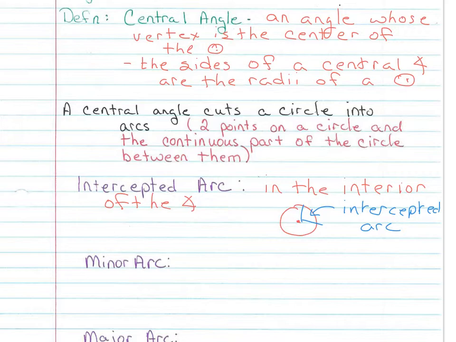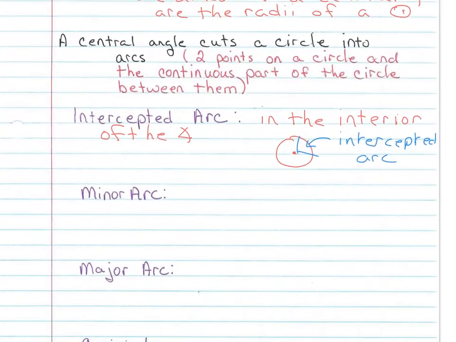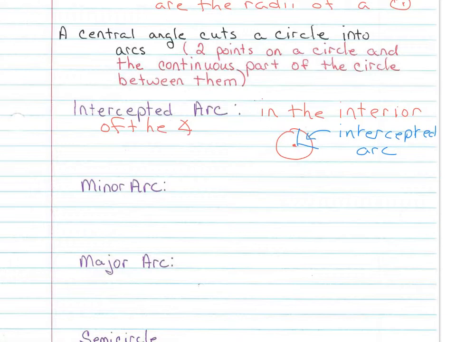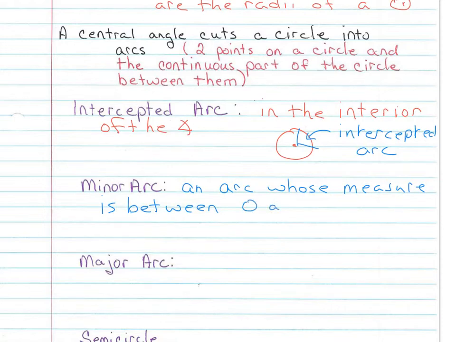That intercepted arc is our minor arc in this case. A minor arc is an arc whose measure is between 0 degrees and 180 degrees. How many degrees are in a circle? 360 degrees are in a circle.